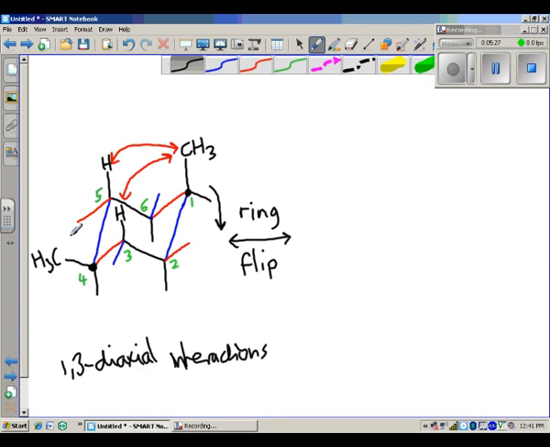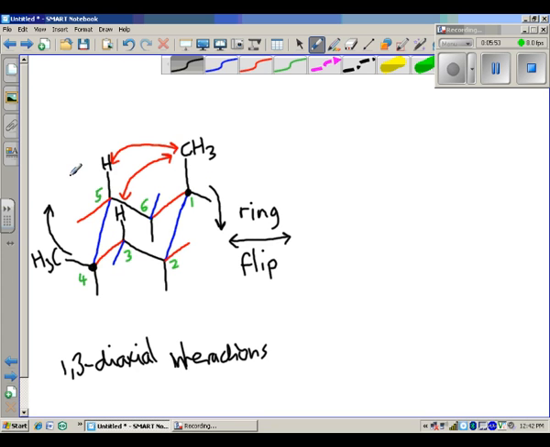You pull the side on the end that's down, and you pull it up. So what that means is carbon number 1 that was originally top right is still going to be on the right, but now it's going to be on the bottom. Carbon 4 that was originally bottom left is now still going to be on the left, but it's going to be up in the top.